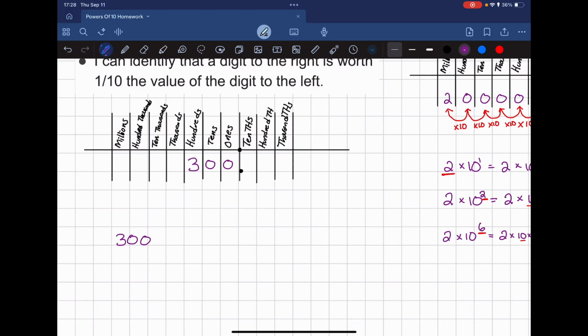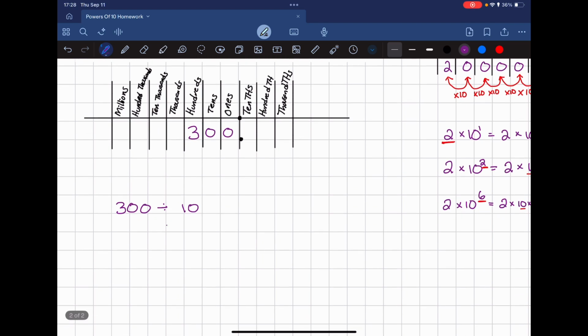If I divide 300 by 10, that is the same as multiplying by 1/10. These things are equivalent. It's just a different way to say it. So you may know that 300 divided by 10 to the first power is equal to 30. But how do we show that as a shift in place value?